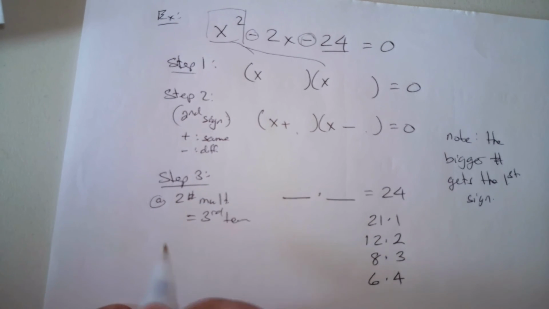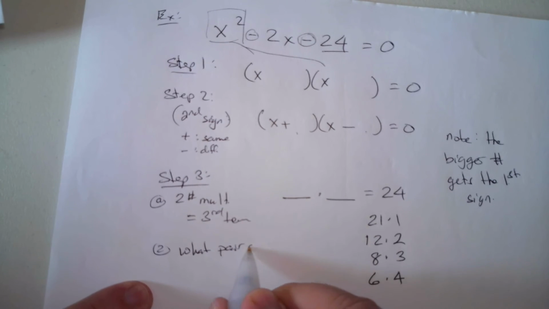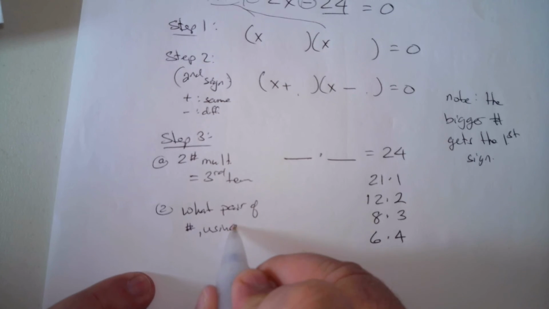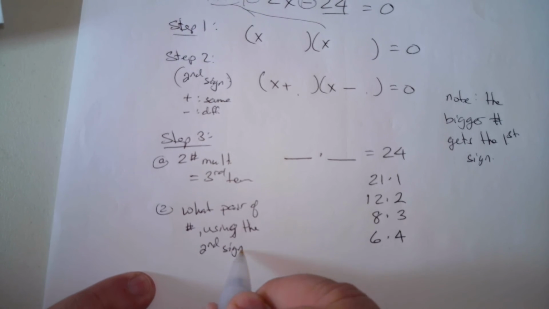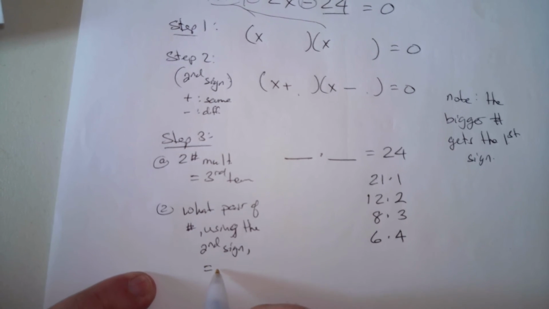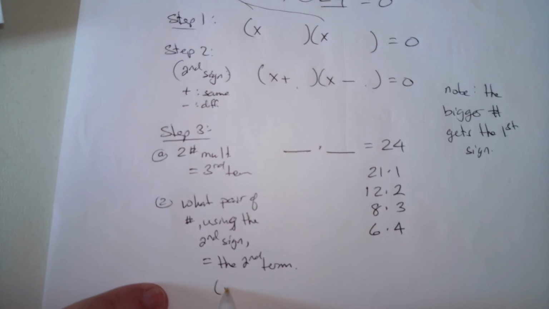That's the first part. The second part: what pair of numbers, using the second sign, equal the second term, or the middle term, the middle number?